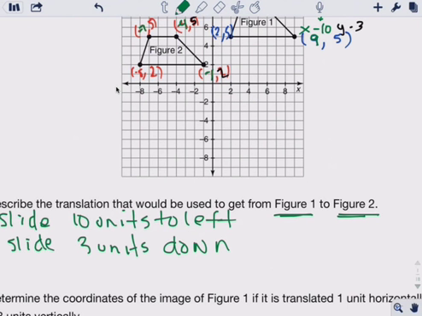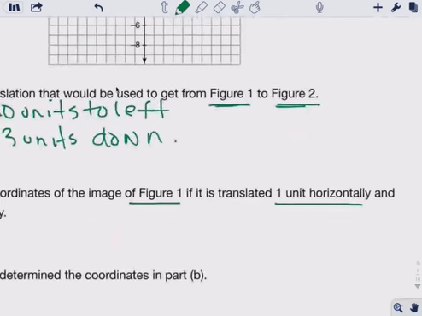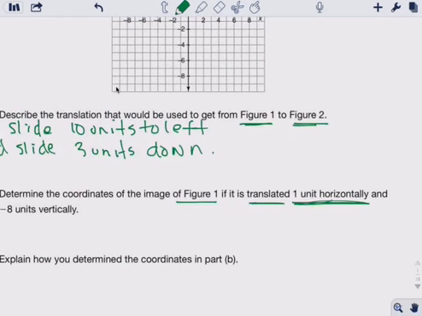That's what it is. Okay, B, determine the coordinates of the image of figure 1 if it translates 1 unit horizontally. Oh, you can use the word translate, I guess. If you did not use the word slide but use the word translate, you would use negative.